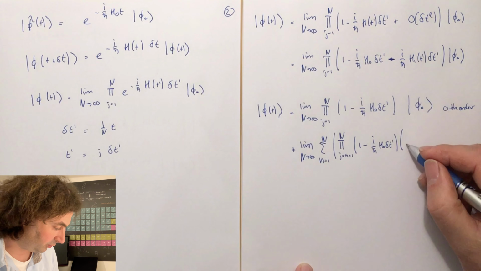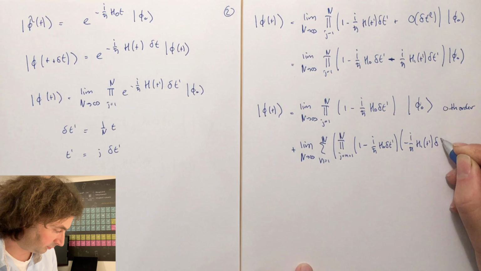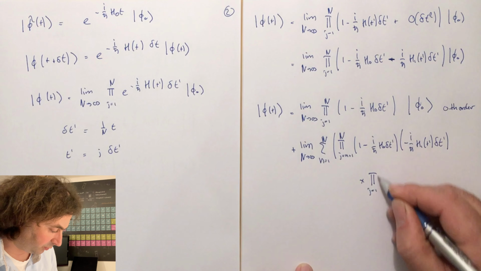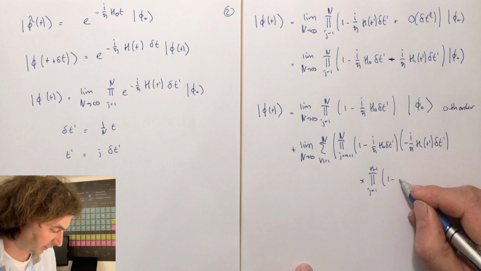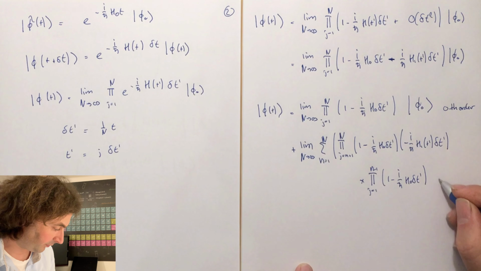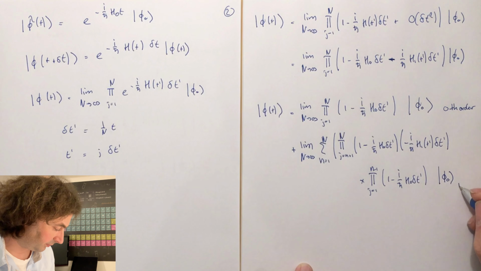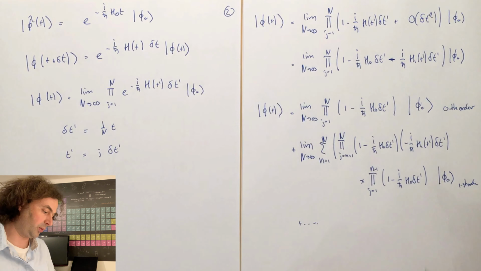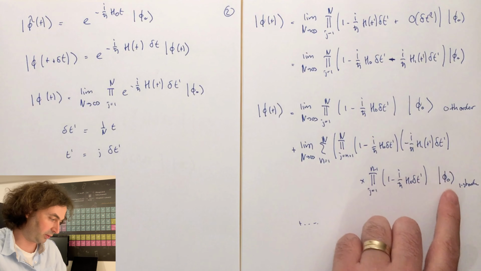Then we have the term where we interacted with H1, and then we have the product of j is 1 to n minus 1, 1 minus i over h-bar H0 dt prime acting on psi 0. So that's the first order. And then of course you can act 2 times with H1, 3 times, etc., to get the second, third, fourth order.